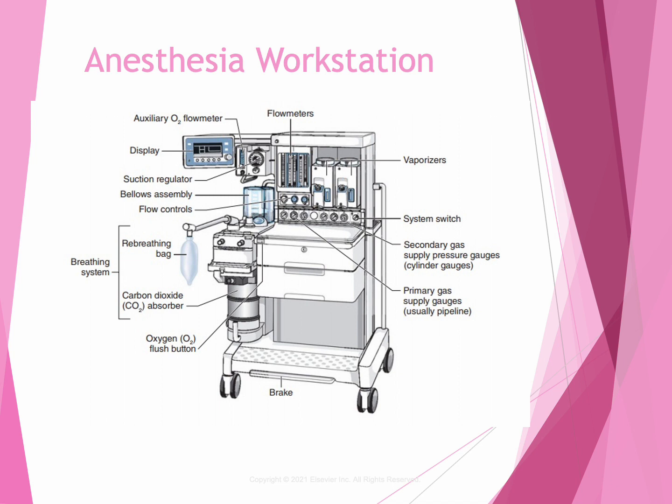An anesthesia workstation is in each of the operating room suites, and it's typically found at the head of the OR table. If you have the textbook close by, figure 15.1 in your textbook shows an anesthesia workstation, but I've also provided one here for you on the slide.